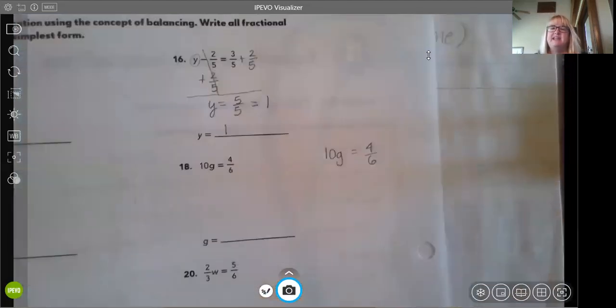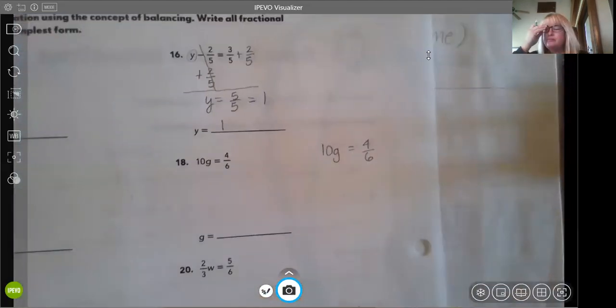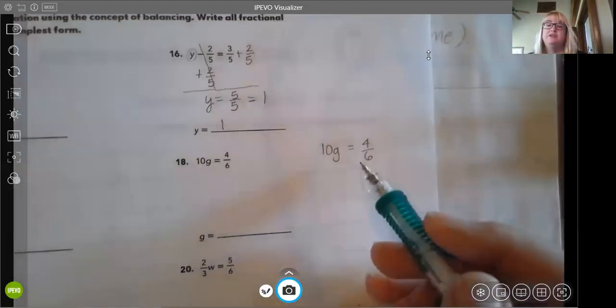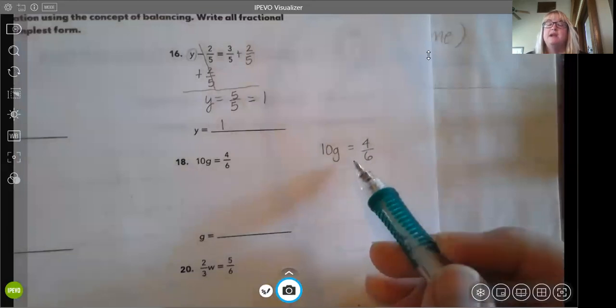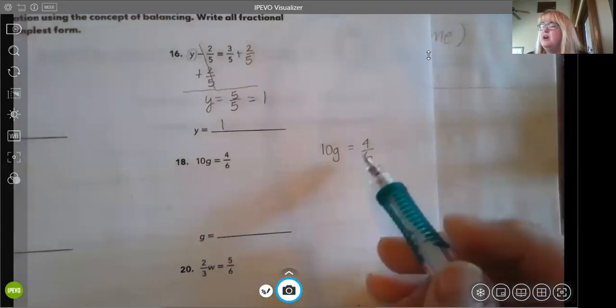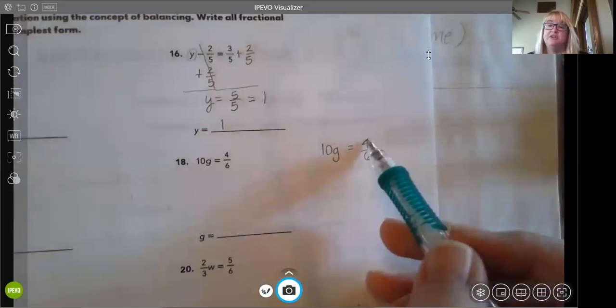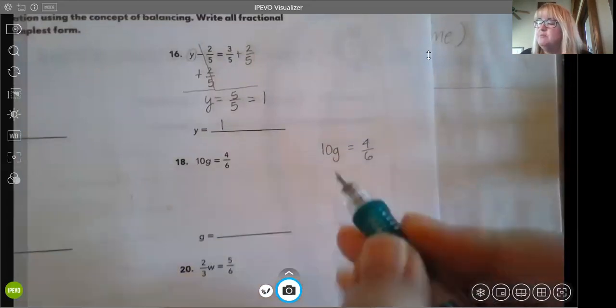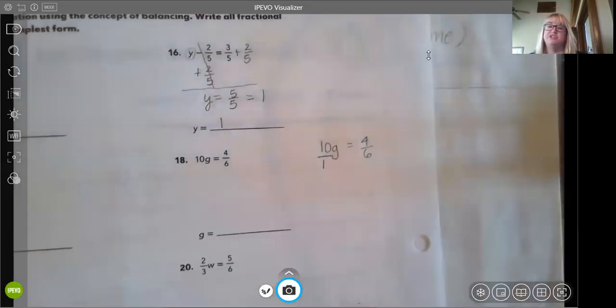On number 18, I wanted to show you something that we can do here. What I notice is that we have a fraction over here, and this is just a whole number, but let's write it in fraction form. We're going to write that as 10 over 1g instead of 10g.